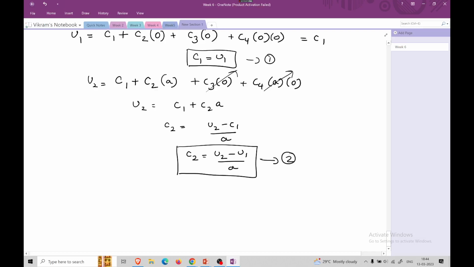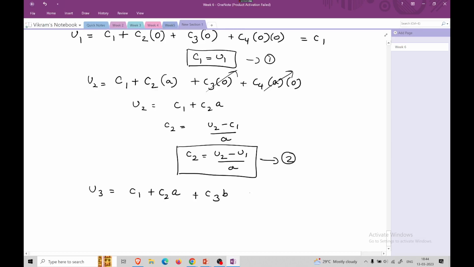Let me go for the third equation. U3 is equal to C1 plus C2A plus C3B plus C4AB. This is the third equation. Since we do not know C3 and C4, I will simply go to the fourth equation.